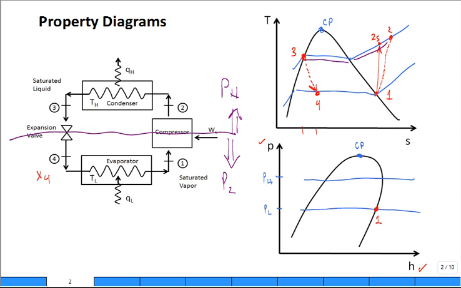Go along a line of constant S, which a lot of charts do have, but it'll be shaped like that to state 2S. And then if there's some irreversibility, you'll come out with higher energy because there was more work put into the system than the minimum work required. So H2 will be greater than H2S.